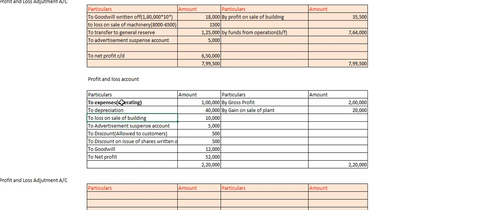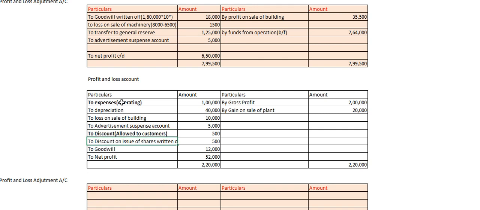To loss on sale of building, non-operating expenses will be considered. To advertisement suspense account, non-operating expenses. To discount allowed to customers is an operating expense. So for the expenses which are incurred in the regular course of business is an operating expense. So this will not be considered.